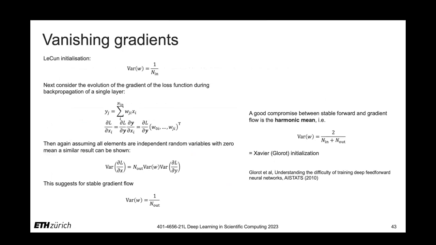So we were thinking then just about the forward pass and how the values in the neural network change as we go from layer to layer. And we want to make sure those values approximately have the same variance. But we should also think about the gradient itself. When we're evaluating the loss function, we're using the chain rule, right? And so we're doing backpropagation. We're going backwards through the network and multiplying our gradients together to get a final gradient of the weights at the output.